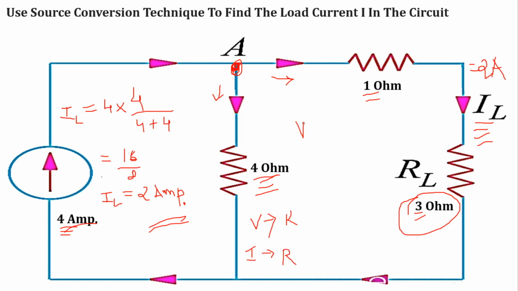If there is a single voltage source without any kind of series resistance and a single current source without any kind of parallel resistance, then you cannot apply the source conversion technique. That must have series resistance and parallel resistance. Then and only then can you convert a voltage source into a current source and a current source into a voltage source.